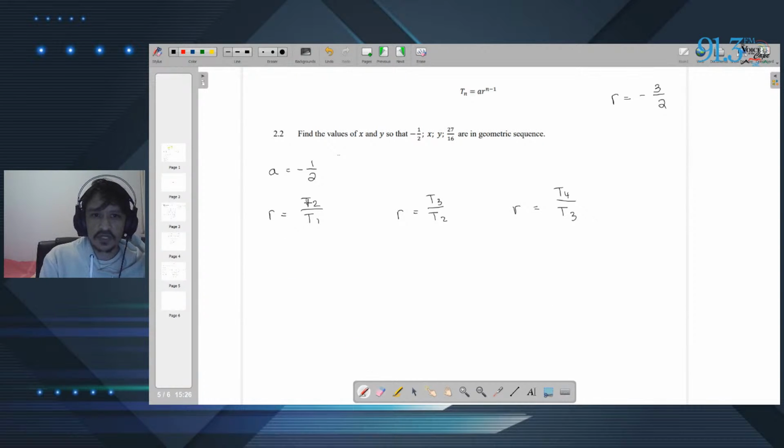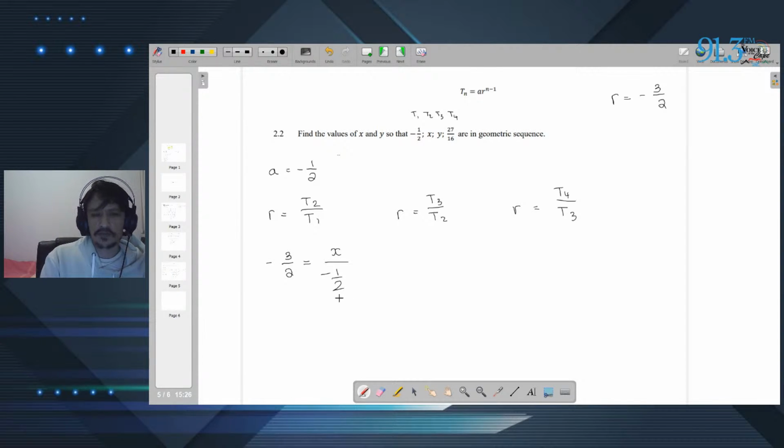Let's use the second term over the first term. Here we can see R, which is negative 3 over 2, is equal to term 2 over term 1. I'll just write it: this is term 1, term 2, term 3, term 4, where term 2 is x, and T1 is negative a half.